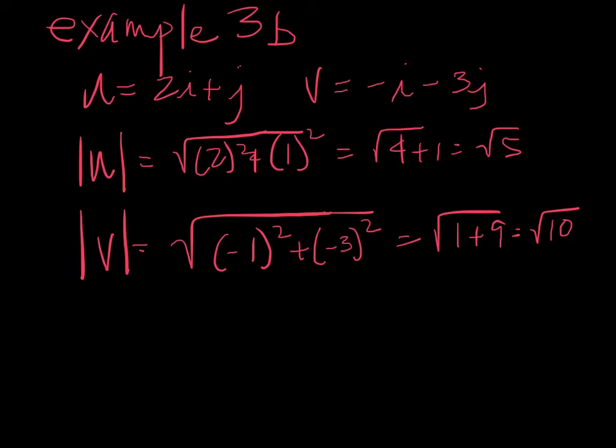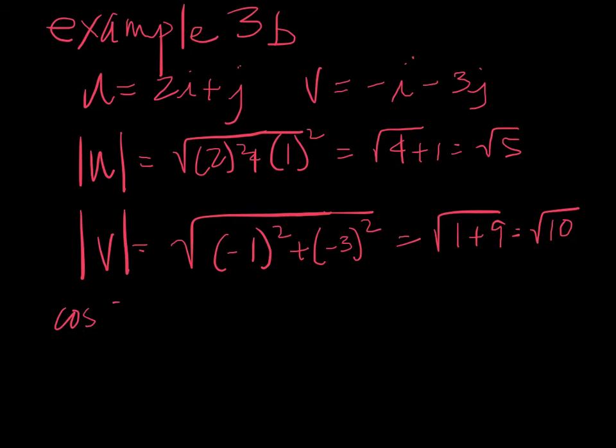Okay, the same formula, guys. This is just a different form. The rules apply. If it helps, a is going to be 2 in this problem, and b is 1. And for vector v, a is -1 and b is -3. It's the same formula, just looks kind of different. Now I'm going to plug it into this equation.